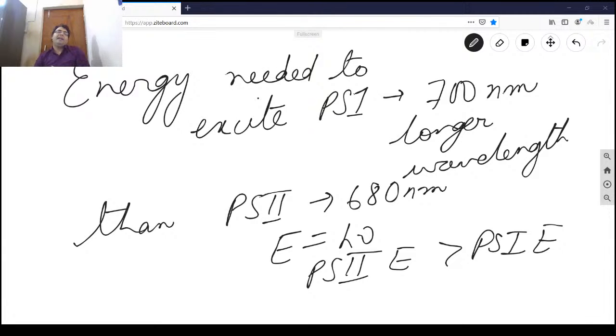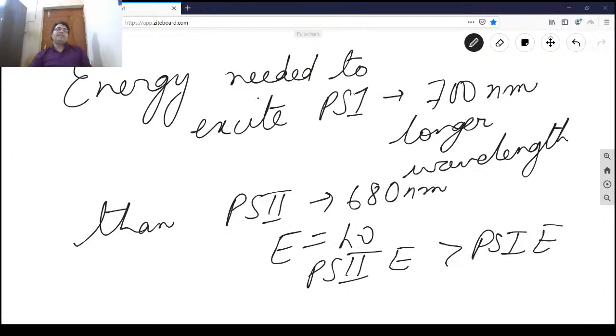So this will take the route of the lower energy, it will pass down to the reaction center of PS1, leaving the PS2 reaction center chronically, or always, underexcited, and thus it would never be able to cause the non-cyclic flow.